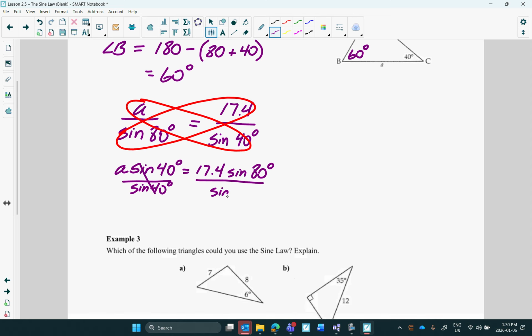So then on your calculator, that's what you would do: 17.4 times the sine of 80, get that answer divided by the sine of 40, and you should get 26.7.